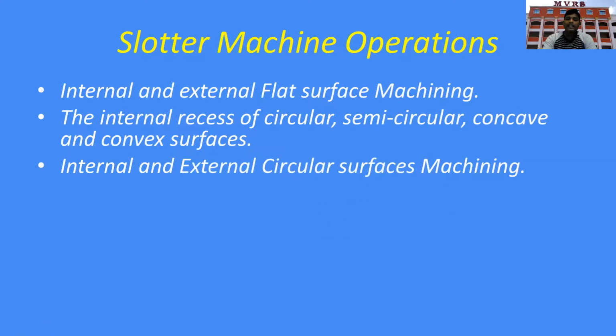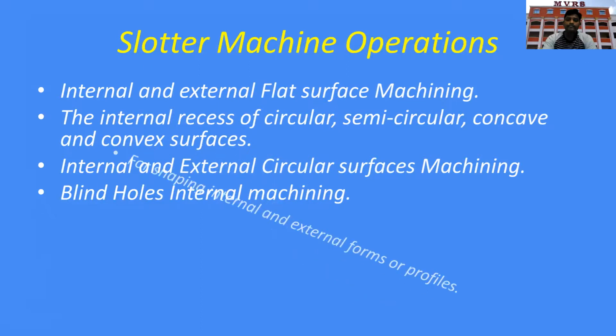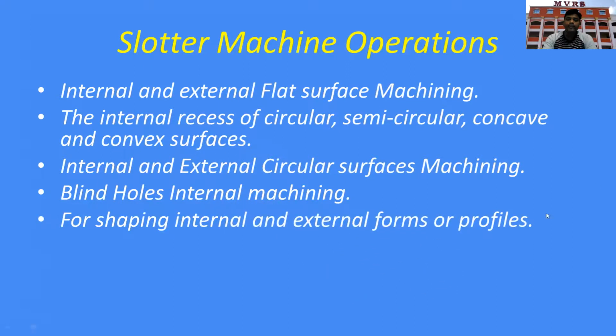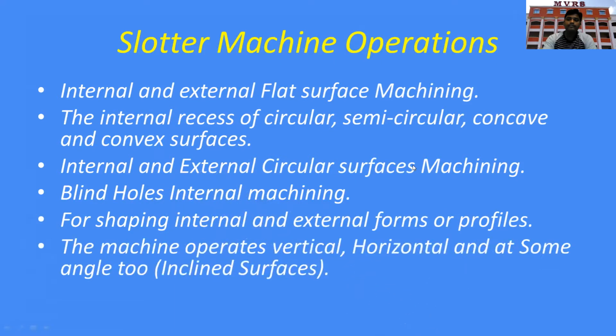Then internal and external circular surface machining, blind hole internal machining, and shaping internal and external forms or profiles. The machine operates vertically, horizontally, and also at an angle. These are the various operations we can perform using a slotting machine.